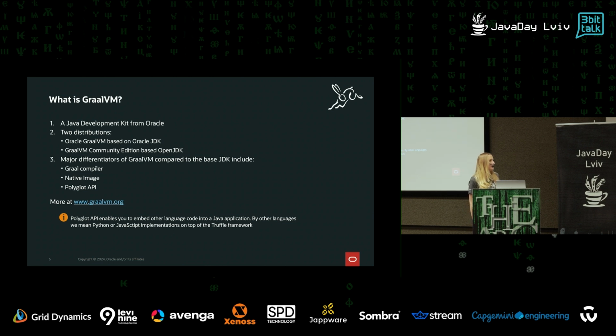And what are the key differentiators? GraalVM is not just native image, because there is this misconception that GraalVM is native image and native image is GraalVM, which is not true. We also have an optimizing and dynamic compiler, and it optimizes Java applications through unique approaches to code optimization, and the most famous and featured one, partial escape analysis.